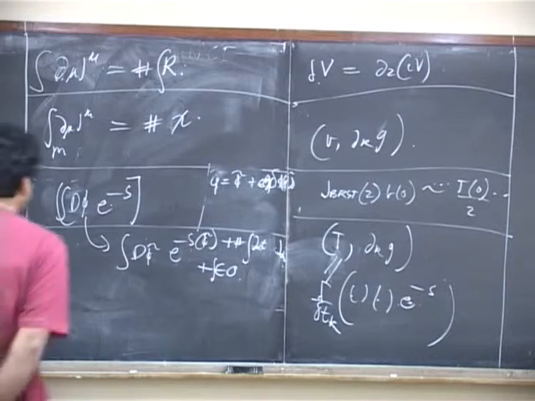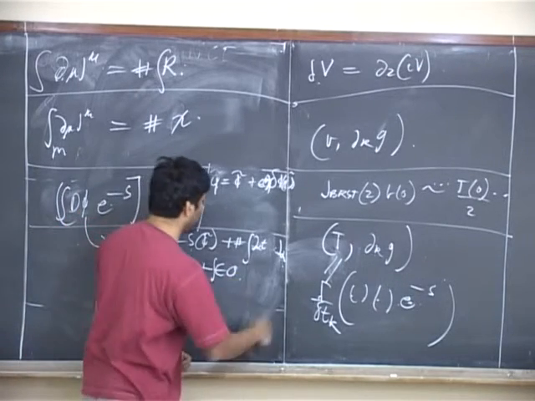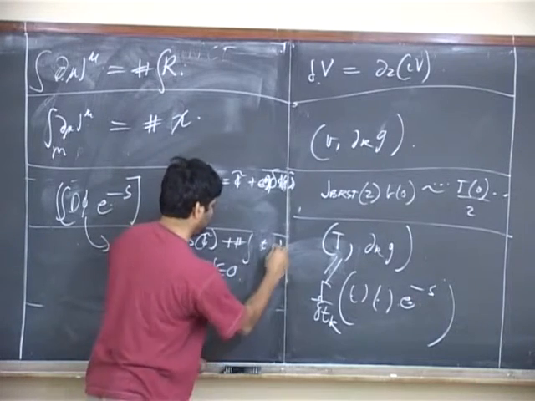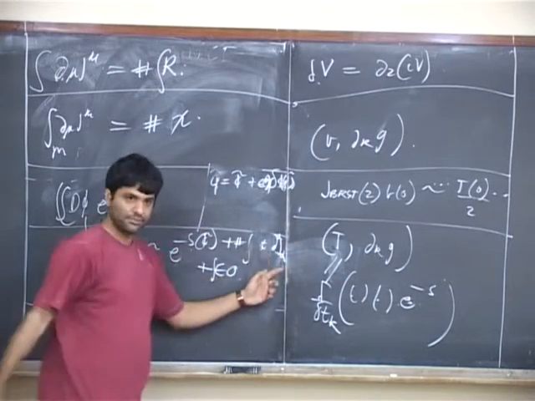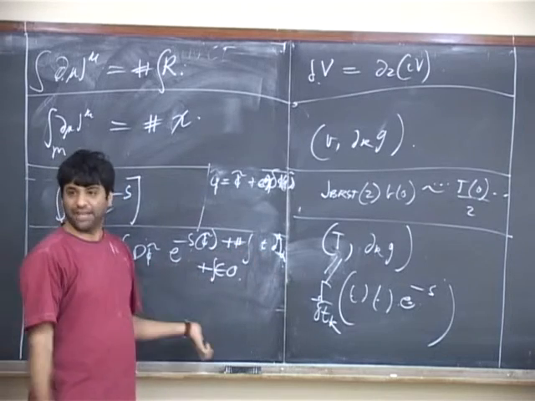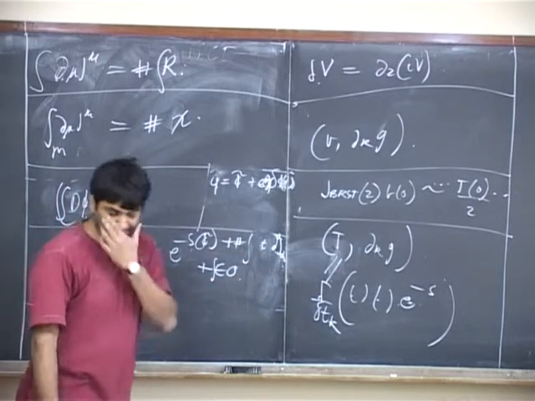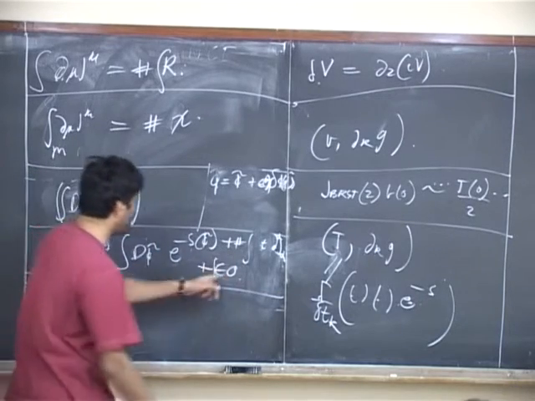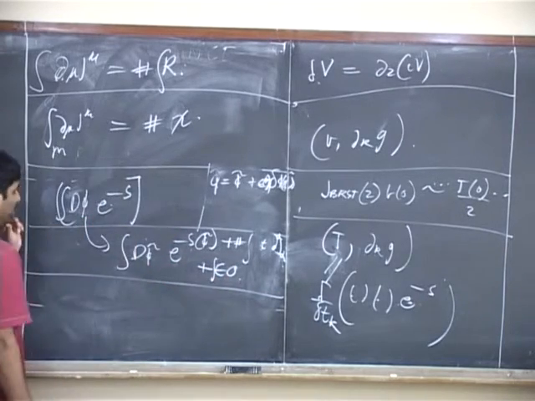Okay? Now, we can still perform this integration by parts operation here, and still bring down powers of epsilon. That's not going to change anything. So, doing the integral over all of space, what do we conclude?